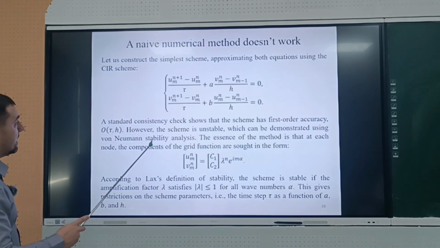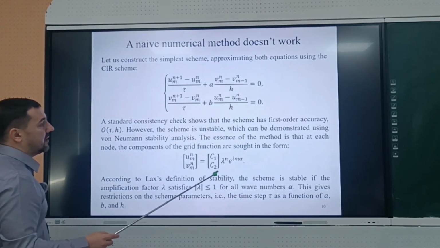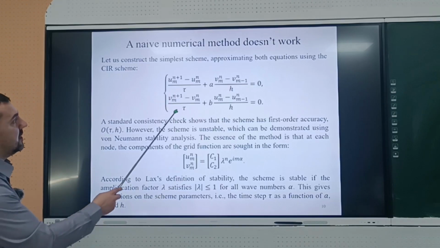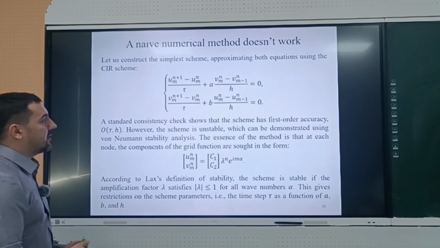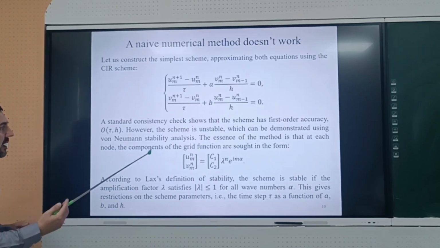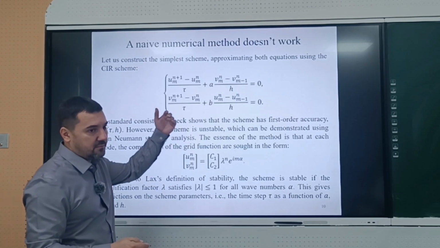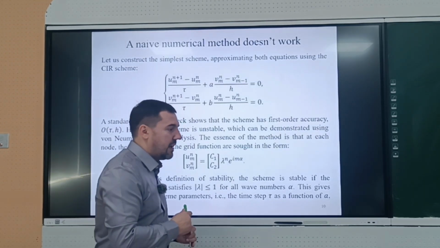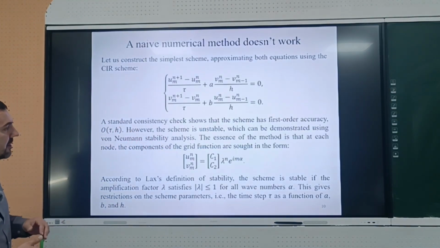A standard consistency check shows that the scheme has first order accuracy, because we use reasonable approximations for derivatives. We can expect that the result will be great, but actually the scheme is unstable. You can choose some initial data and try to implement this numerical scheme, and you will see that it doesn't work. The problem is that this scheme is unstable.